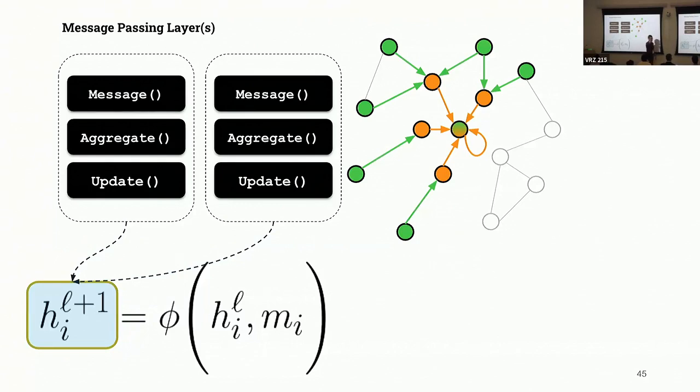Why does this happen? I said before that this process happens simultaneously, right? So when the knowledge coming from these orange nodes is aggregated here, at the same time, this orange knowledge received information from their connections.